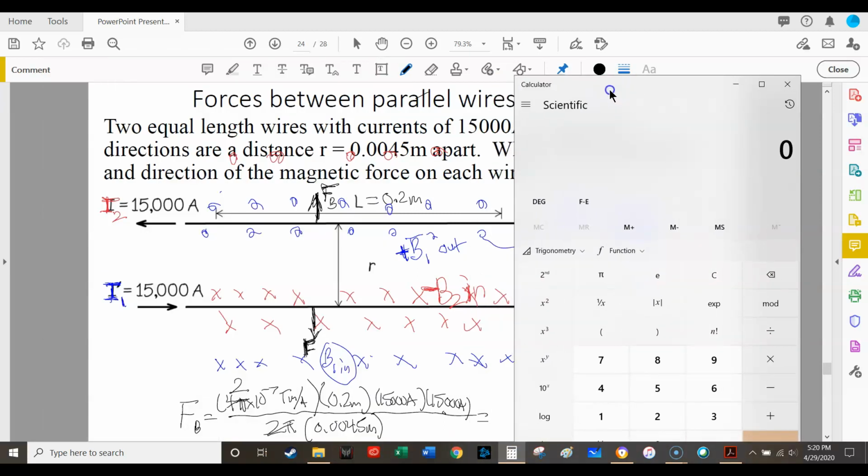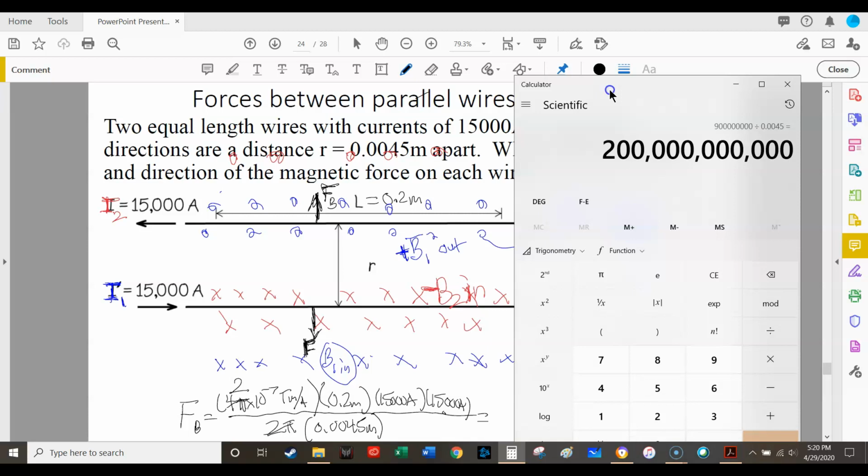So I'm going to go 2 times 15,000 times 15,000, oh boy, times 0.2 equals, and then I'm going to divide that by 0.0045.